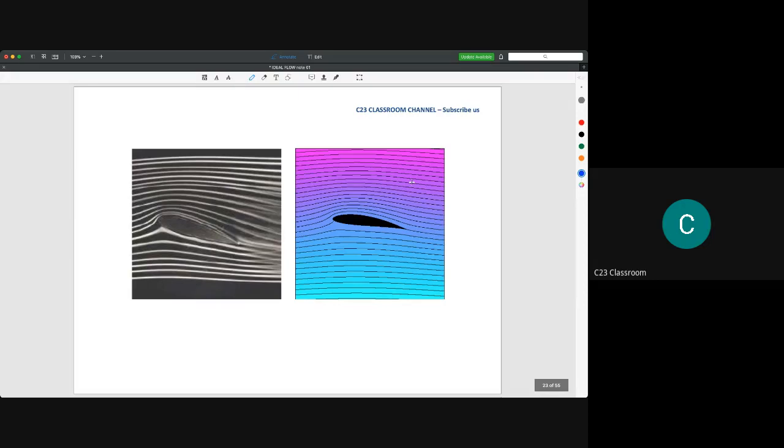So another thing that we could have with the stream function is we could know about the aerofoil like this one. Okay, we could determine how smooth the wind flow is, and the pressure difference between the bottom part and the upper part here. Why? Because an aerofoil will create lift force.